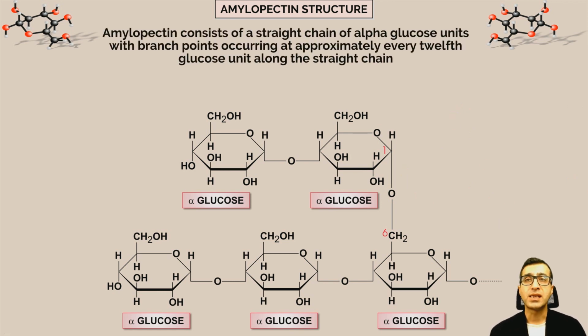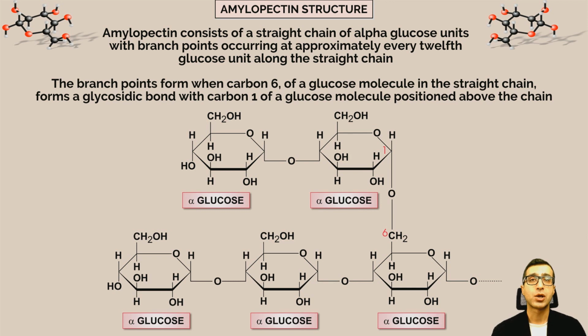And so the branch points will occur approximately at every 12th glucose along the straight chain that you see here. So the branch points again formed at these positions. Position 1, carbon 1, the anomeric carbon on this monomer of this chain, and carbon 6 of this monomer on this chain here.